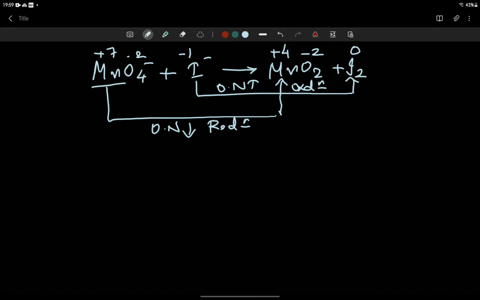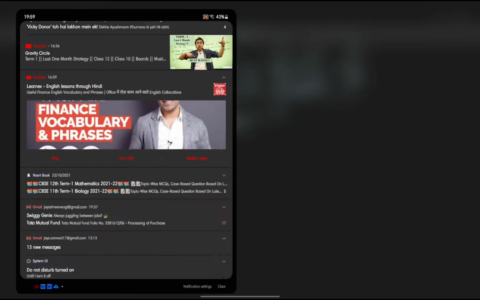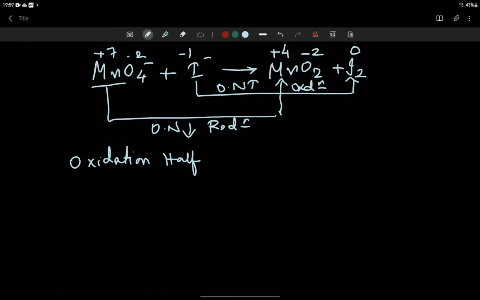Fine. Now the three steps have been done. After that, we are going to divide this whole reaction into two half reactions: one oxidation half and one reduction half.